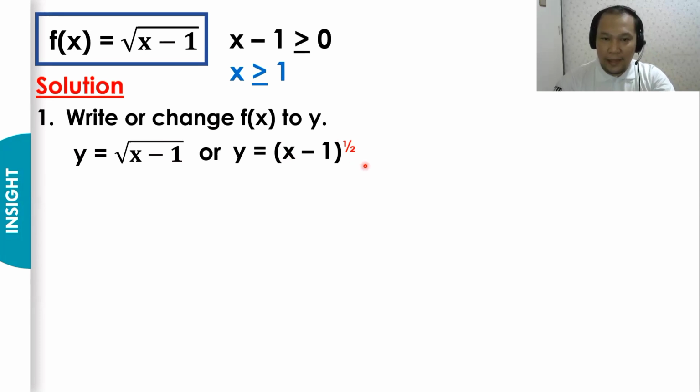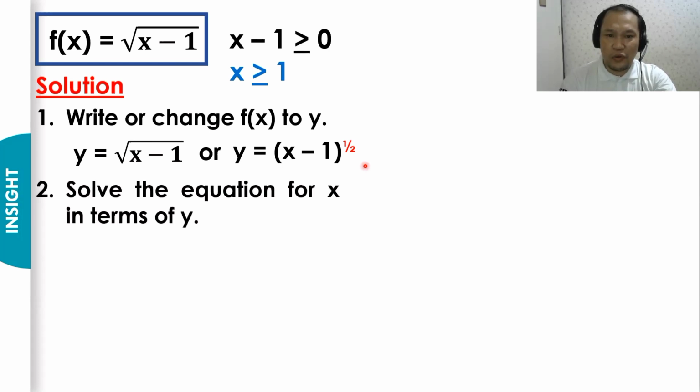Okay? And then we are going to solve the equation for x in terms of y. And since our exponent is equal to 1/2, we are going to get the reciprocal of 1/2, and that will be 2.